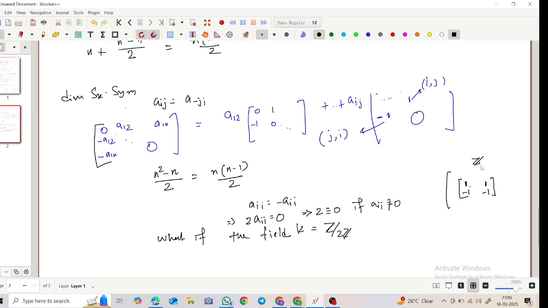Over Z mod 2Z, maybe I am taking it to be 2 cross 2. So one is this option. No, the problem is that the notion of symmetric and skew symmetric makes no sense here, because this is again equal to this.